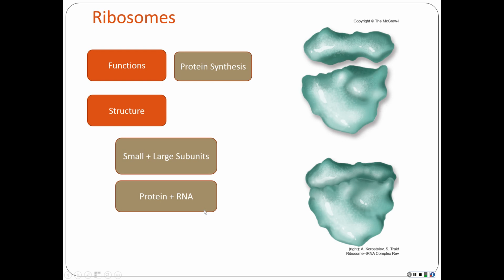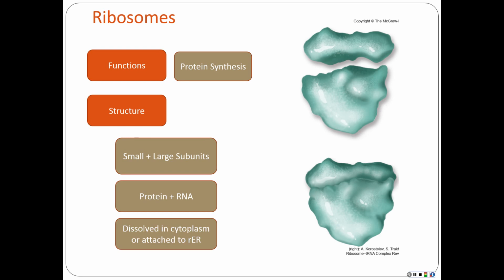Okay, a ribosome is protein, so it's basically a globular protein, but it also has RNA inside of it. And when we get into the third unit, we'll look at how that RNA actually aids in protein synthesis. Okay, so ribosomes are not technically an organelle, so that's why we have them in this other list, but they are really critical to protein synthesis.